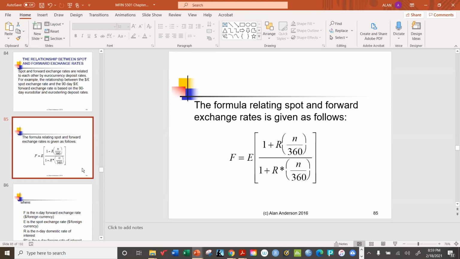So this is what the formula looks like. It's not that complicated, but you'll notice that it has 360 in it. And that might change, by the way, with these new measurements.